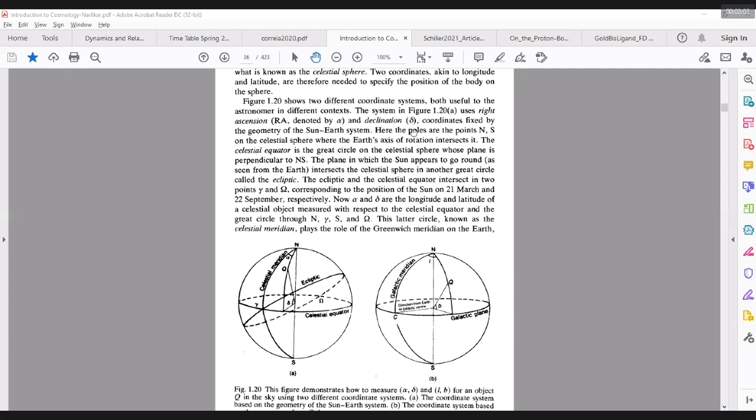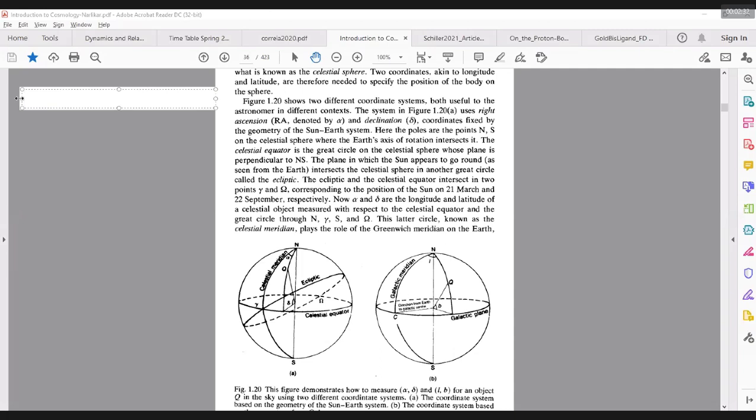Okay, so let's look at the coordinate systems we typically use to locate the terrestrial objects.